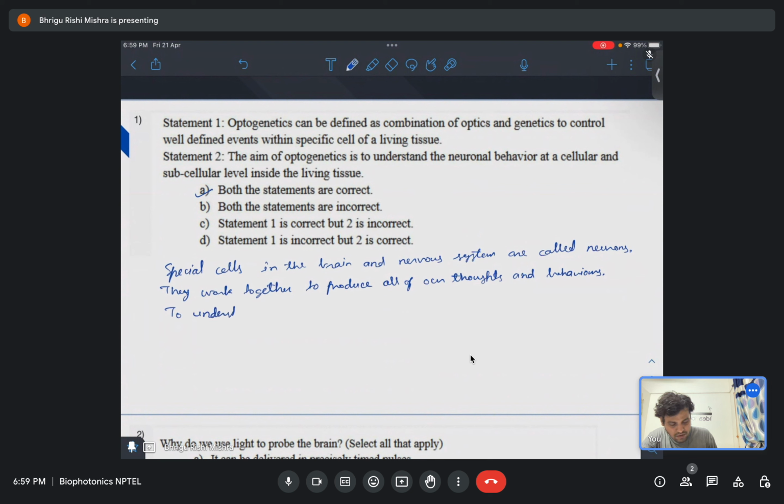To understand how the brain works, how the brain controls our behavior, we need to understand how neurons communicate.